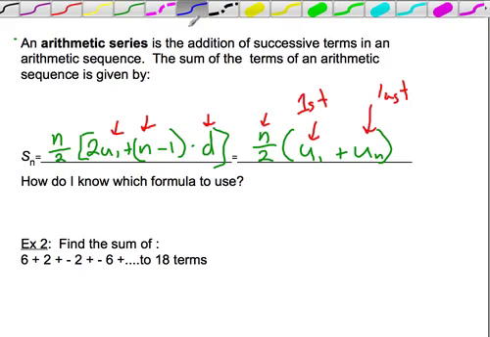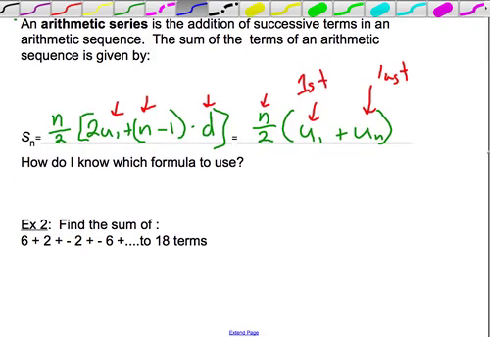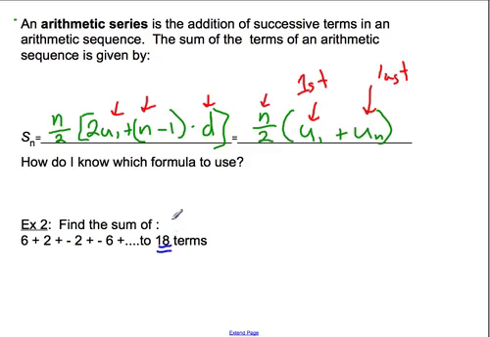So let's take a look at example 2 here. Find the sum of the following series to 18 terms. So up to 18 terms, that's going to be our n. And we don't know the last term, so we're going to use the first version of the formula.